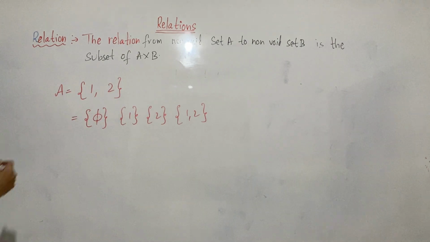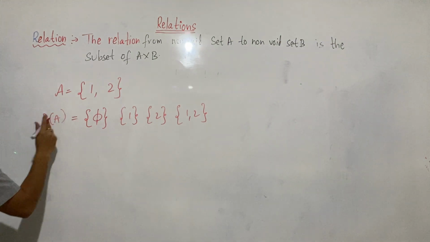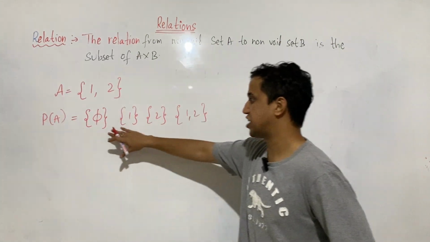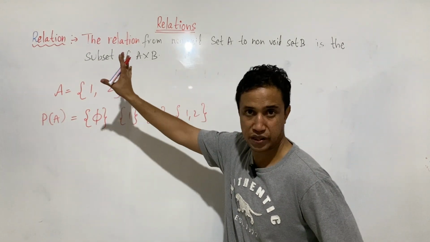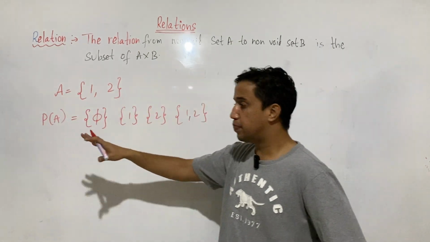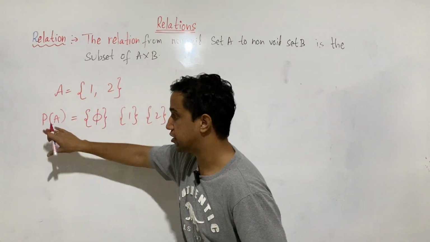I can represent this with P(A), which means the power set, because the power set contains all the subsets of the given set. So if A is the given set, then the set of all the subsets of A is represented by P(A).